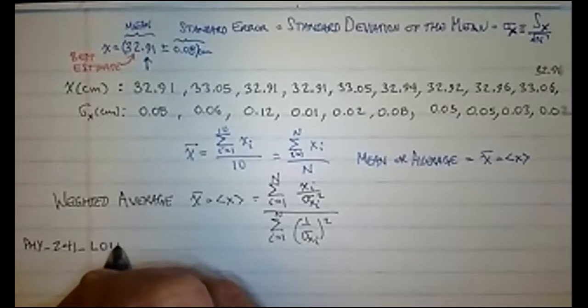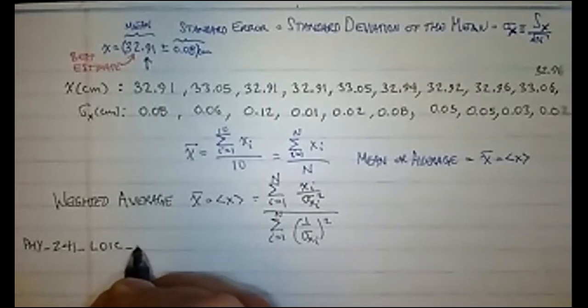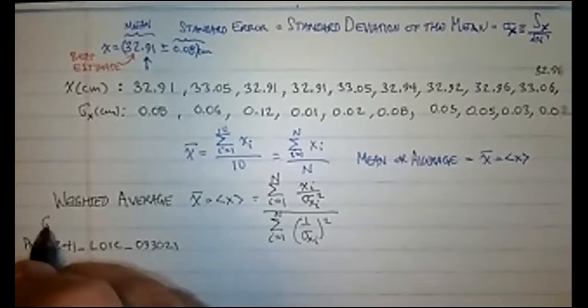I think this is 1C, if I remember correctly. The C is the part you really want to look for. And then it will say 093021. So that date is what you want to search for in my Google Docs. And then you just want to make sure you get the right section. You can download the other sections. They're probably doing the same thing for that as dates, but the one for your section will be that. So yeah, it's always in my Google Docs.